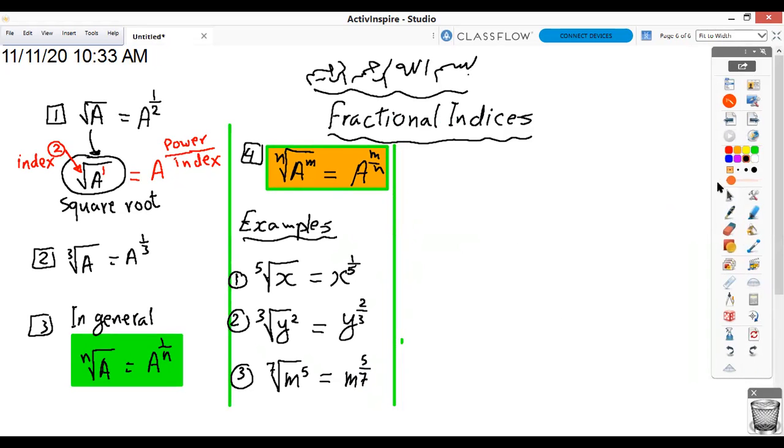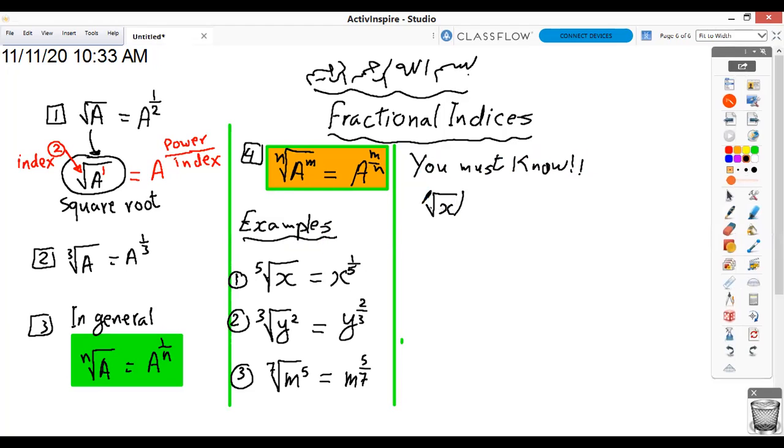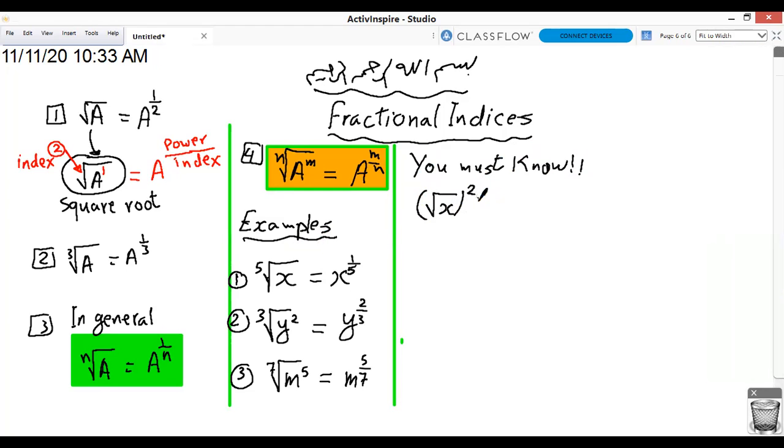Then here, you must know what? Square root of x power 2 equals x.